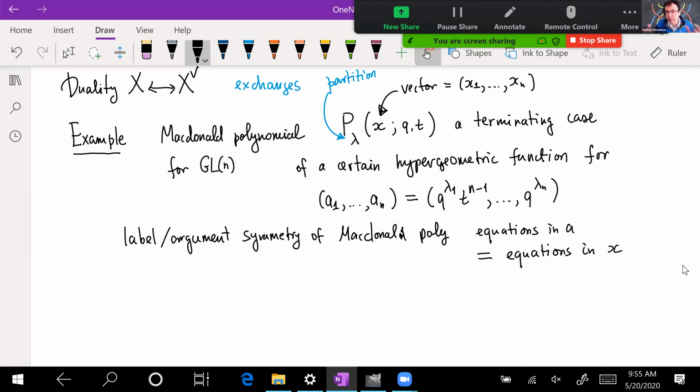And if the equations are the same, that means the actual solutions are the same. So this is when a Macdonald polynomial has this symmetry between its label and its argument.